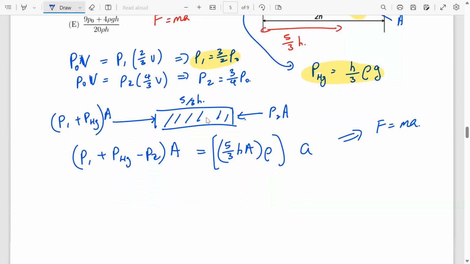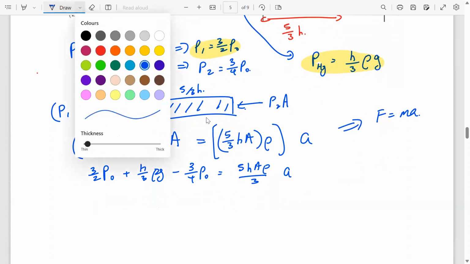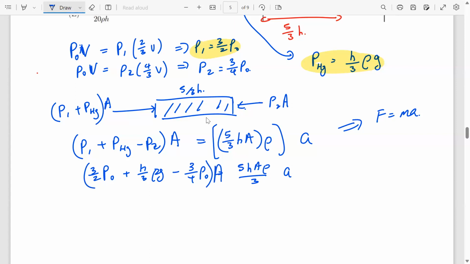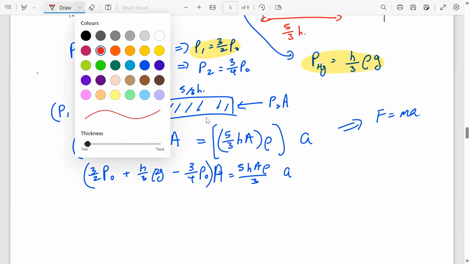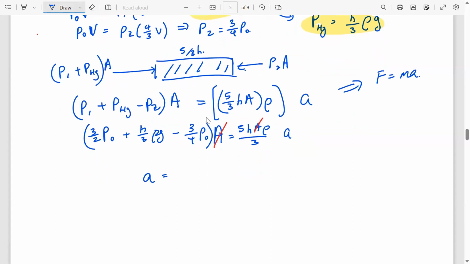Now we substitute in everything slowly. So 3 over 2 P0 plus H over 3 rho G minus 3/4 P0 is equal to 5 H A rho over 3. I forgot to multiply by the A here, I combined already, and then we need to multiply by A. Now we are going to cancel off the A, the common cross-sectional area. Now rearrange.